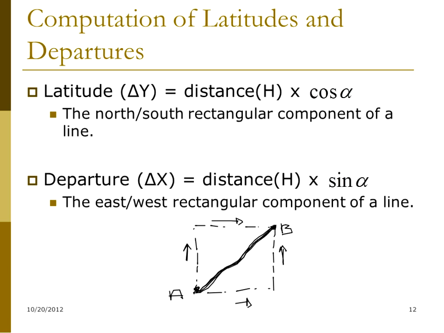So basically, these components of our line are our latitude and departure. By definition, the latitude is your change in the y direction, which is the same whether you walk it first or second. And departure is our change in the x direction.